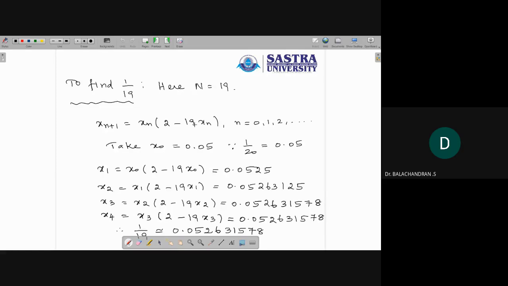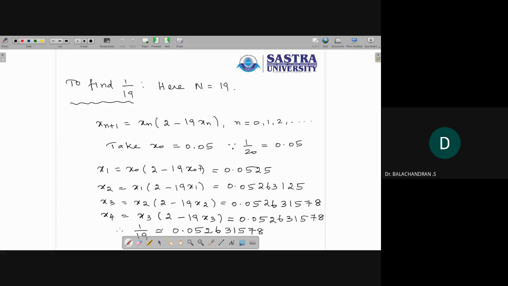Just replace n by 19. Now n varies from 0, 1, 2, 3, etc. Now I need to substitute n equal to 0. If I substitute n equal to 0, the left hand side is x1, the right hand side is x0 into 2 minus 19 into x0.